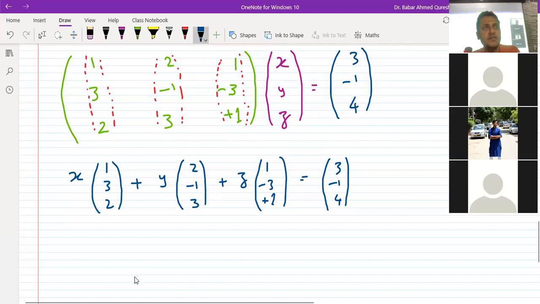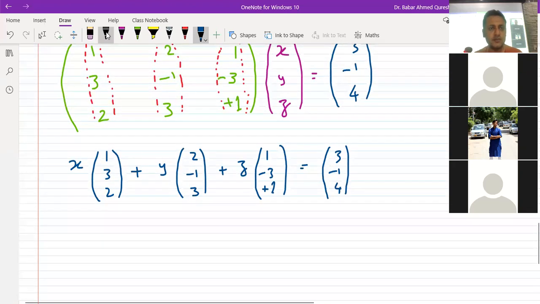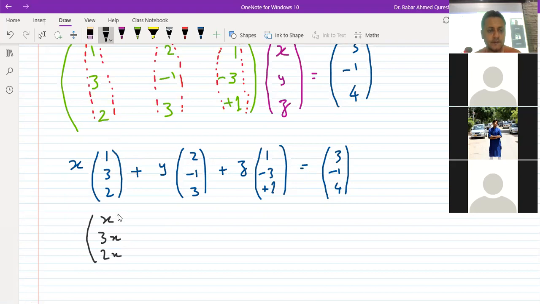So what's a linear combination of vectors? If I am defining it this way, I should talk about what's a linear combination of vectors. By the way, just to give you an idea ahead, what I'm going to do is multiply this number which is sitting outside the vector into each component: 3x, 2x, and then I sum the corresponding components.